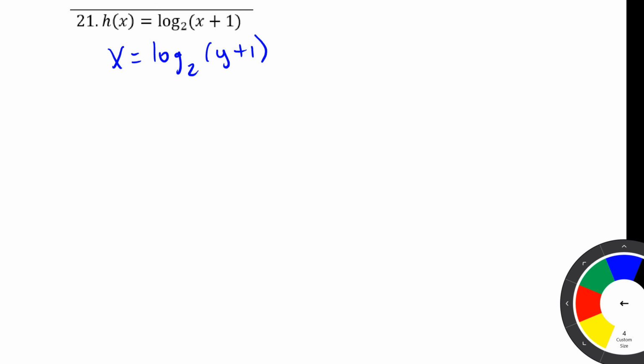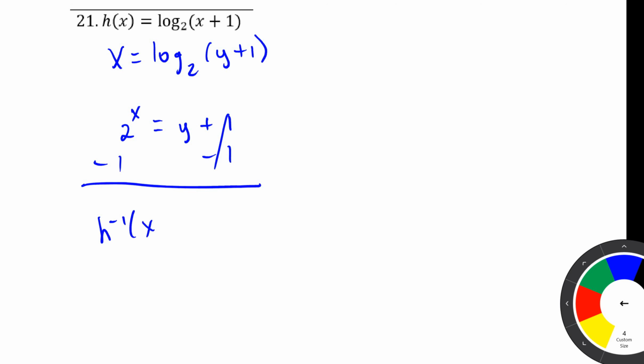So if this is the logarithm, the exponent that would match this would be 2 to the x power equals y plus 1. Because I know the base was 2, logarithms are always equal to exponents, so the exponent's x, and then the y plus 1 is what the exponent is equal to. Now I want to get y by itself, so I would subtract 1. Now that y is by itself, I can say h inverse of x equals 2 to the x minus 1.